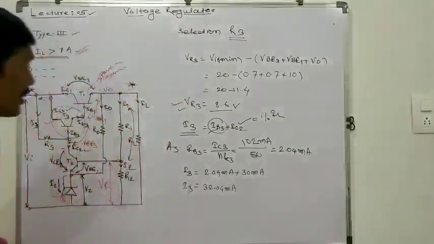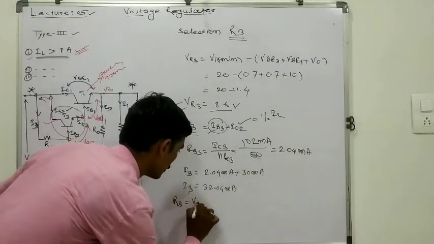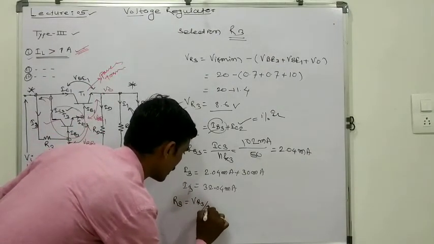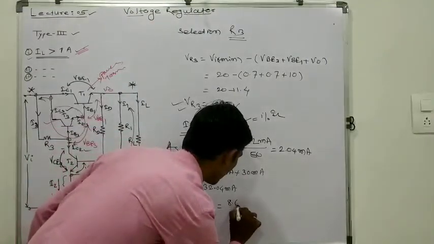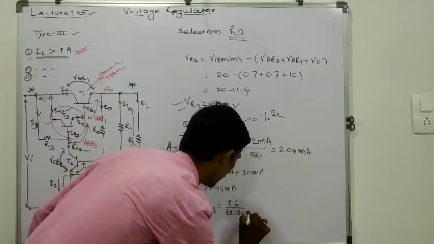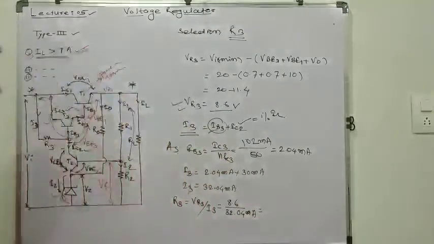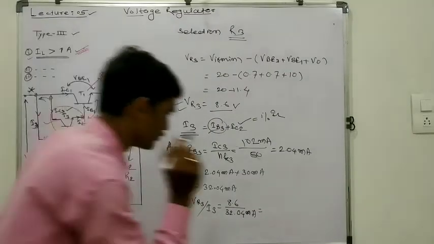First of all, we have to calculate the value of resistance. So R3 is equal to VR3 divided by I3, that is 8.6 divided by 32.04 milliampere. So R3 value is 268 ohm.